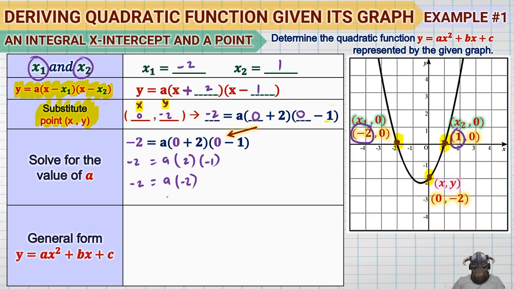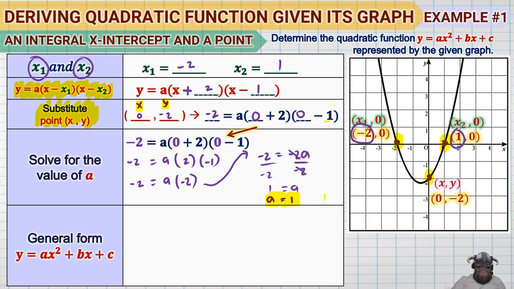So, here we will be having, yan, continue natin dito sa gilid. Negative 2 is equal to A times negative 2 is negative 2A. Therefore, we can divide both sides by negative 2. Yan. So, A is equal to positive 1. So, ayusin lang natin, reflexive property of equality. A is equal to positive 1.